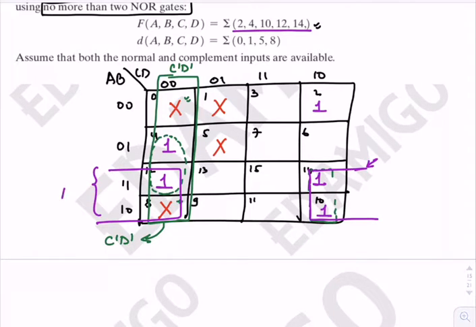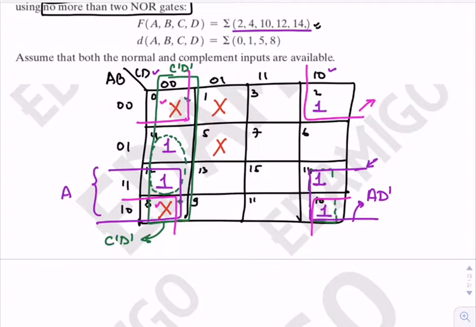Here A is constant, and D bar is constant, so A D bar. And the last term we can get by combining the 4 terms at the corner of the K-map. So with the help of don't care conditions we are able to do that.